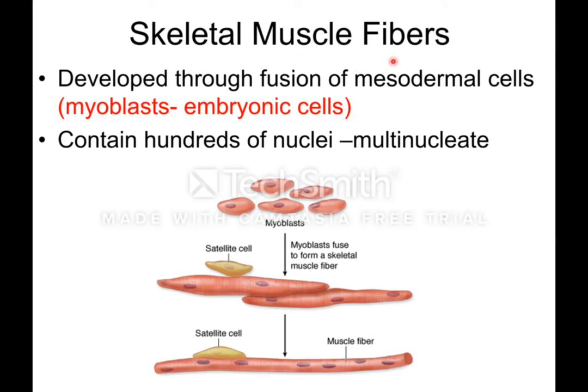Skeletal muscle fibers are equal to the skeletal muscle cells, because the cells of the muscle tissue are very long. Because of it, the scientists named them fibers. They develop from fusion of mesodermal cells named myoblasts. In differentiation to skeletal muscle, some of these myoblasts fuse together to form the skeletal muscle fiber or skeletal muscle cell, as you see here.